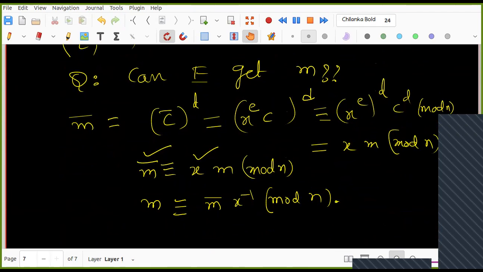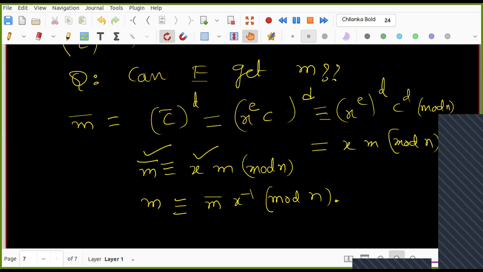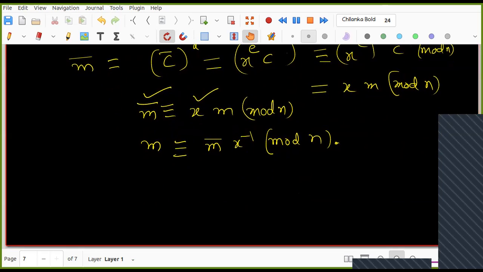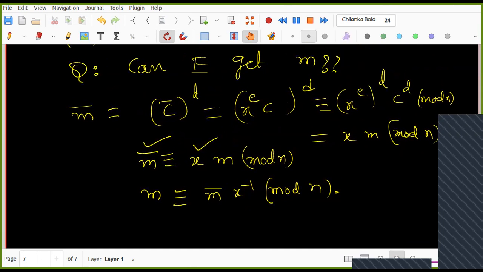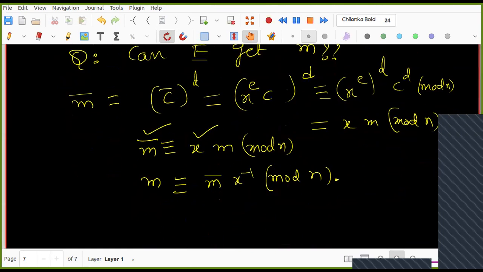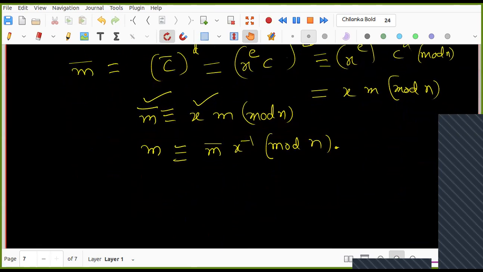Of course, we can have some techniques, but I'm not going further. I'm just giving you that this type of attack is possible. So a chosen ciphertext attack is possible for the RSA crypto system, and it defeats it. Can I do some changes to this?